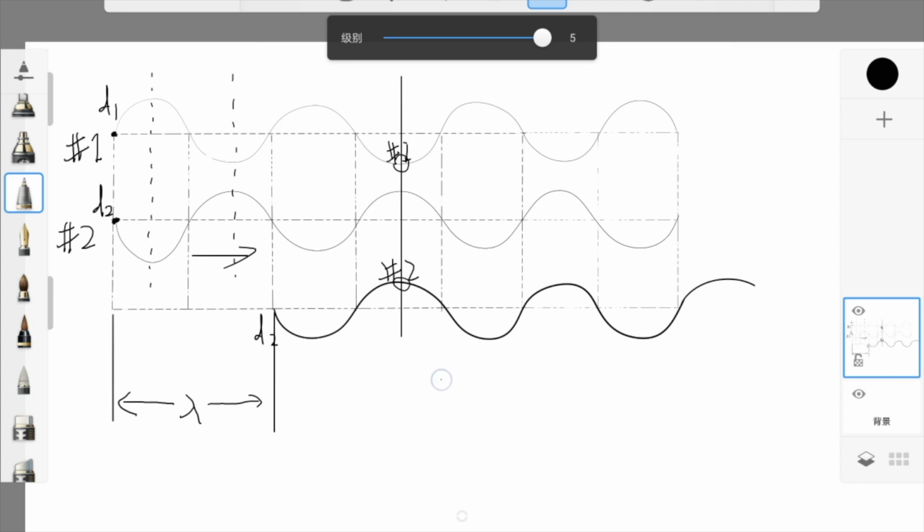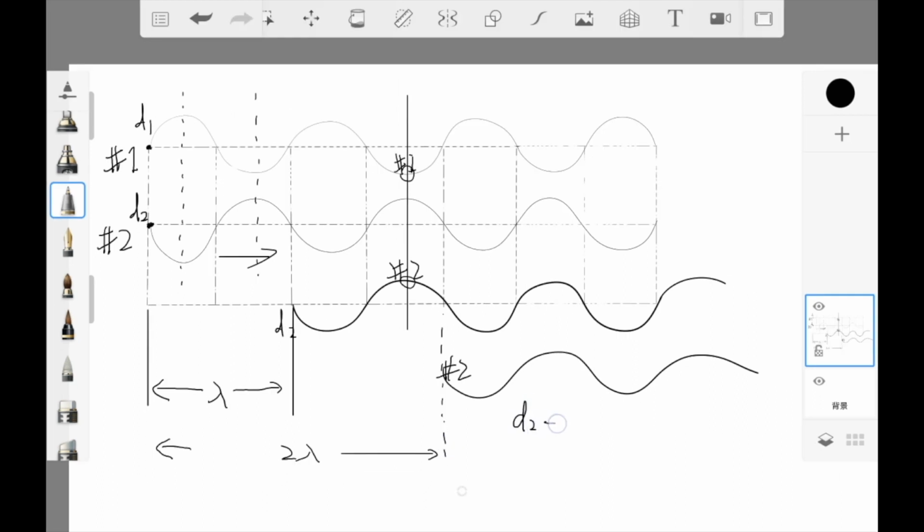We can get the destructive interference here. We start from here, this is the number 2 beam line, and the distance here is 2 lambda. We can see that D2 minus D1 equals 0 times lambda.